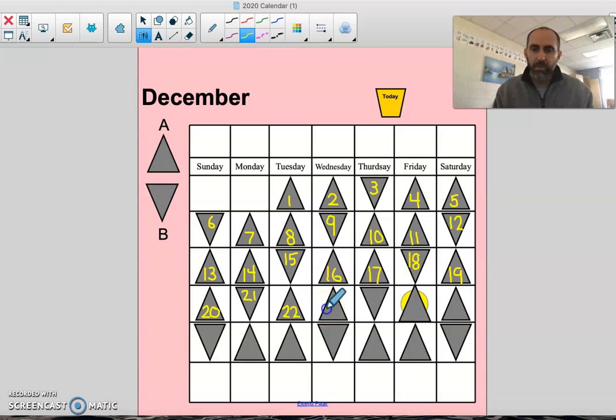To make a 23, I need a 2 and a 3. After 23 comes 24. So up here in this triangle, I'm going to put a 24. After 24 comes 25, the day that was Christmas, 25.